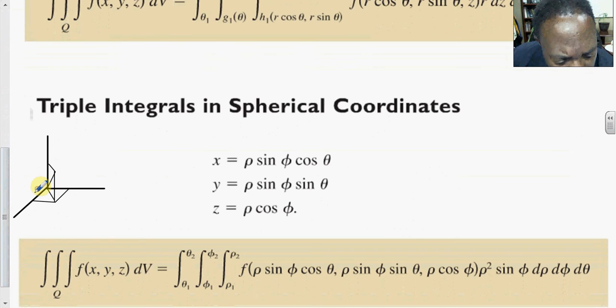So here, this side is x, this is y, the angle theta, I need this to be bigger.